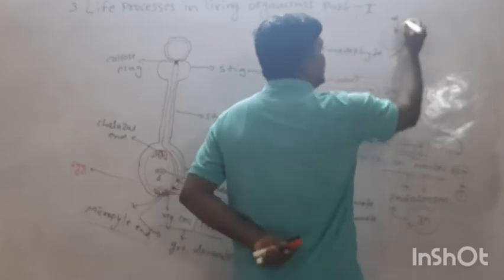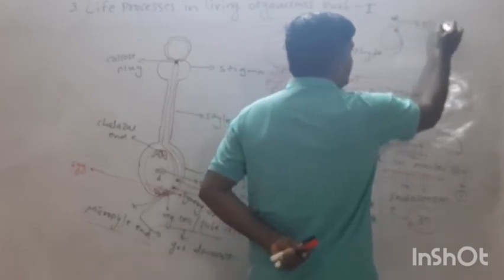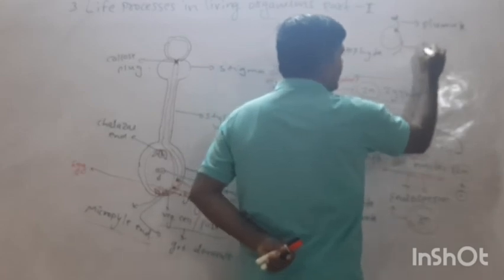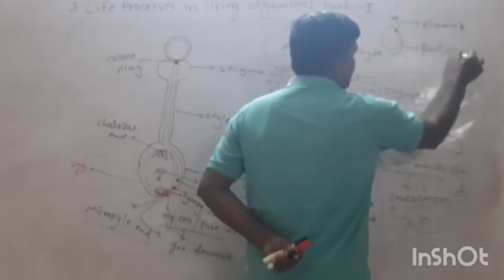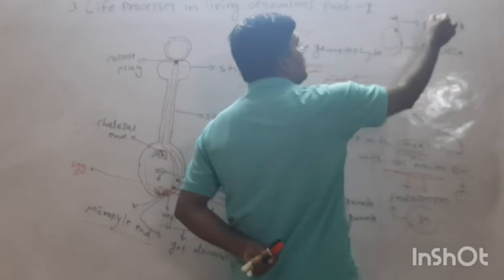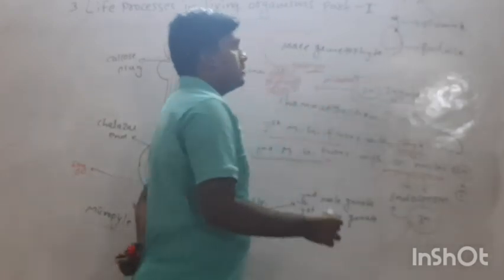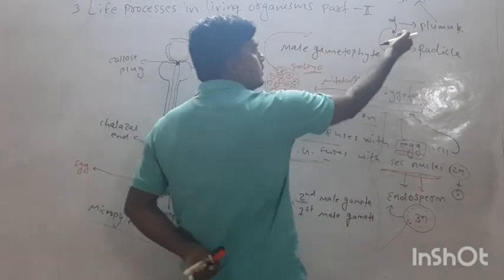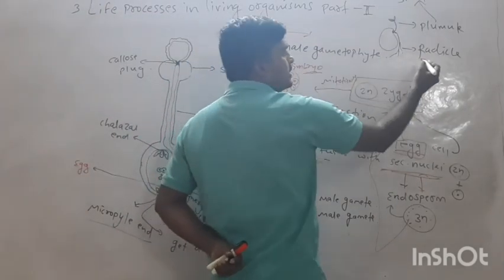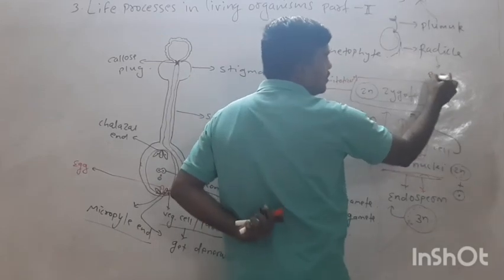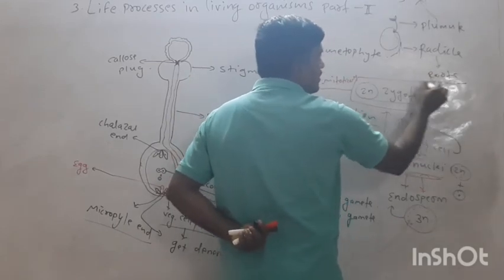First is called plumule, and this one is called radicle. So plumule converts into a shoot after the germination, the shoot part of the plant, and radicle converts into the rooting part of the plant.